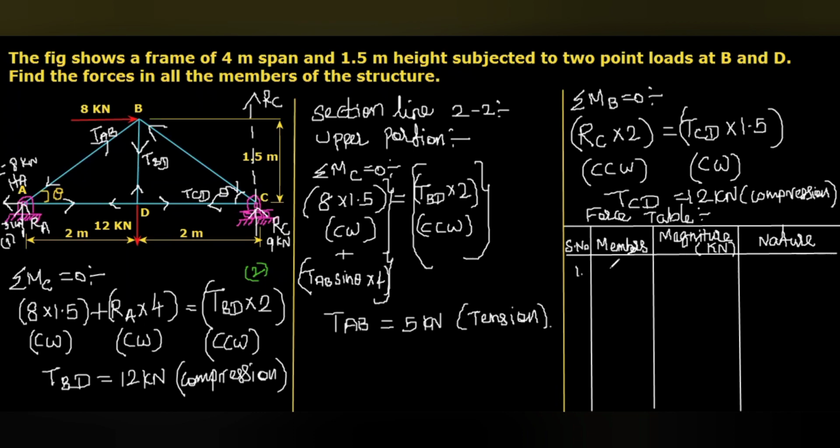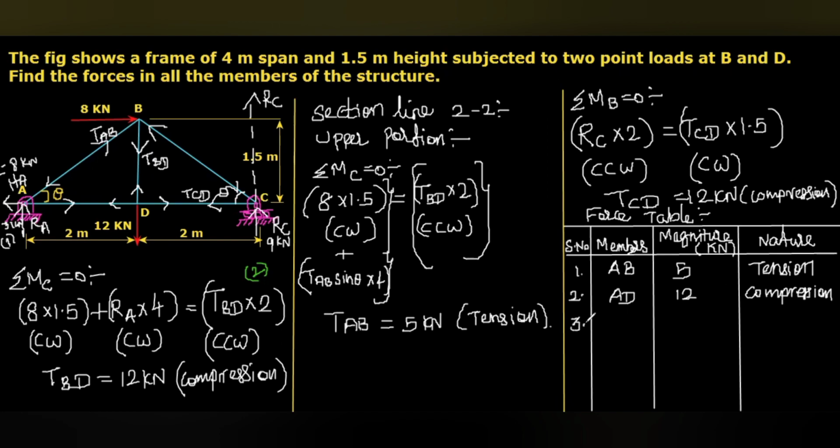First one, that is AB. The magnitude we calculated 5 kilonewton and it is tensile in nature. That is tension. The point 2, that is the member AD, that we calculated 12 kilonewton, and here you can see AD, that is compressive in nature. So compression.